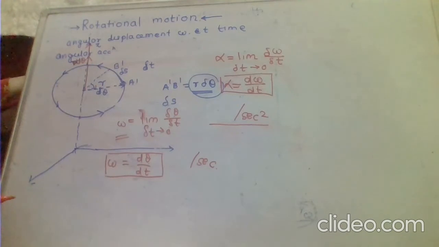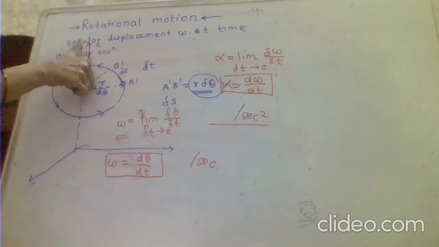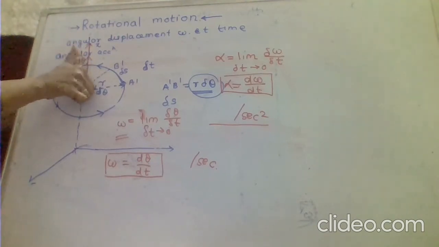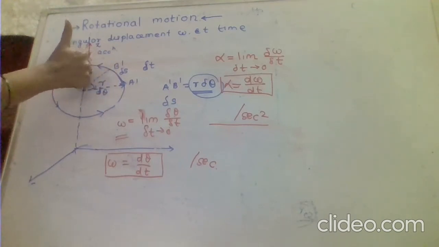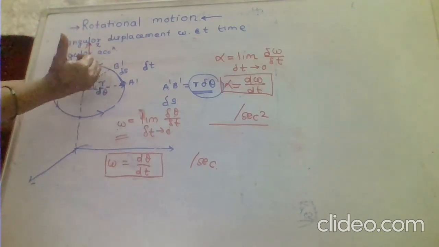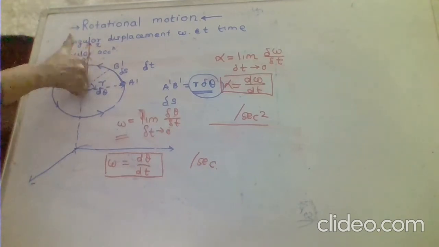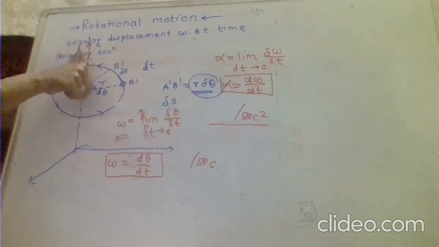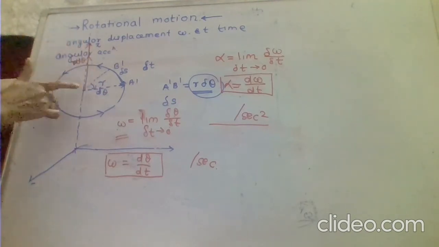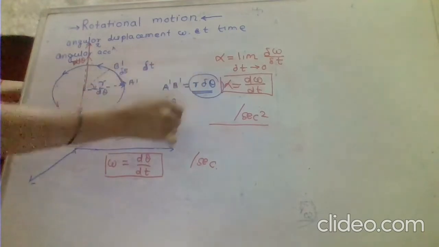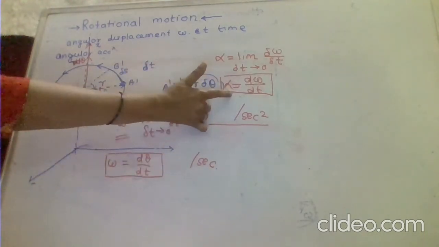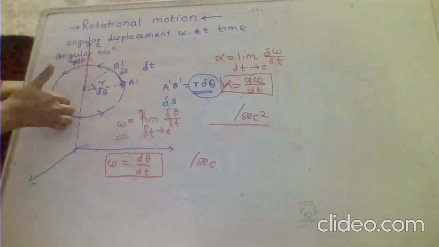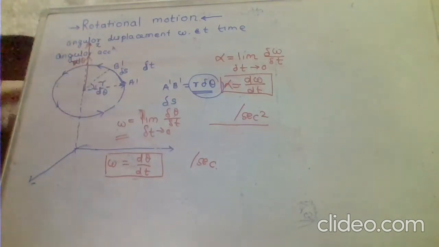These vectors are perpendicular to the plane of rotation. Curl your fingers along the direction of rotation of the system, then the thumb will represent the direction of angular displacement, angular velocity, and angular acceleration, perpendicular to the plane of rotation of the particle.